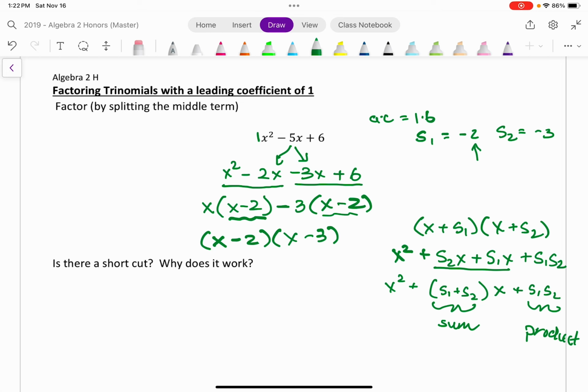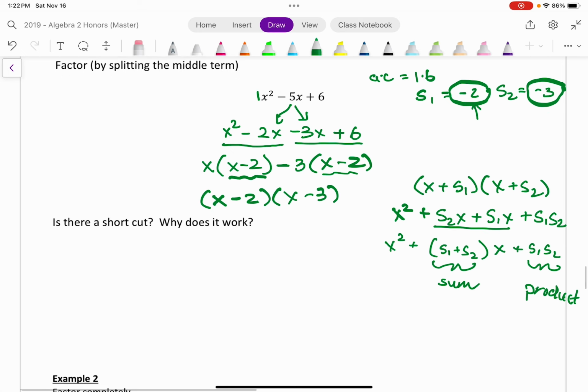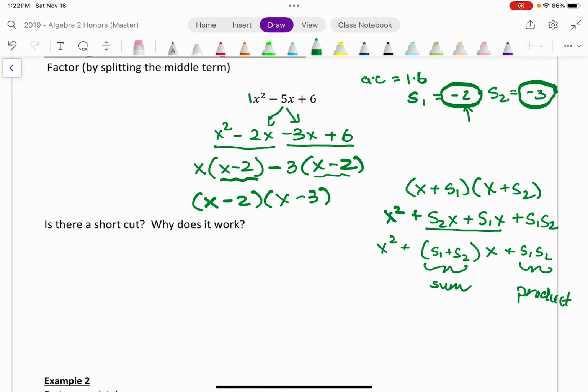So in this case, because the leading coefficient is 1, as soon as I find these two values right here, I can skip all the work and just write x plus the one split times x plus the other split. And this is why this works. It's because, look, this ac, because a is 1, I end up with just x squared plus bx plus c.